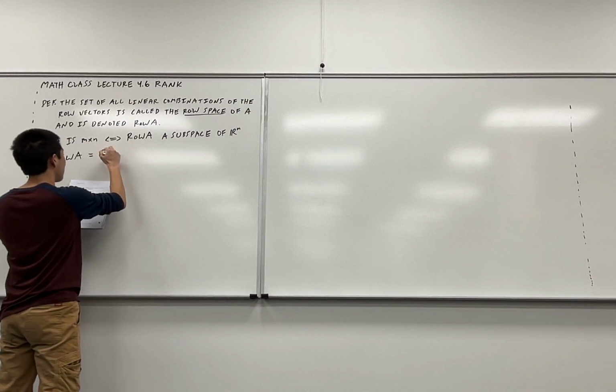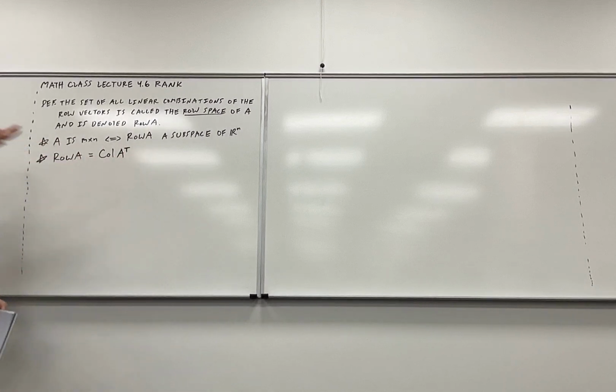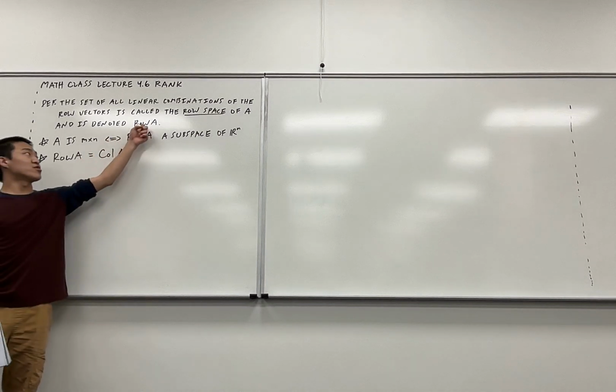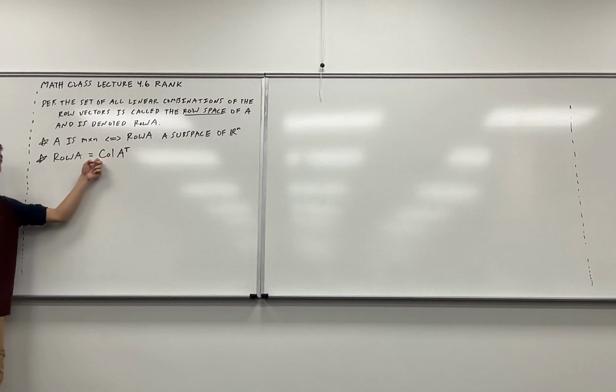So the column space of not the regular matrix, but if I transposed it and made those rows and columns flip-flop spaces, definitionally now we're talking about the same exact linear combinations. Okay, so that's kind of a key thing to note. Even though we've introduced a new definition, it's really essentially reframing this so that I don't have to write column space of the transpose every single time. I can just do row A.